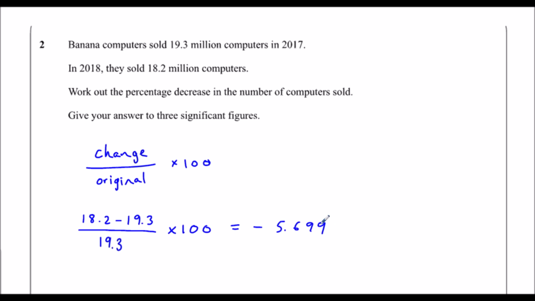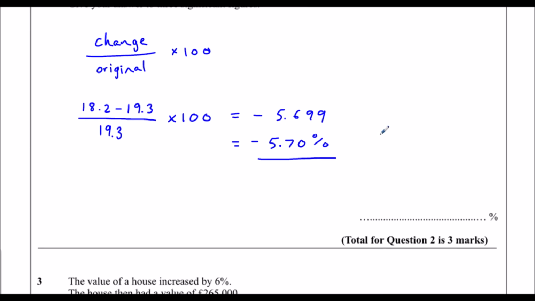The next number is 9, so round up. So it's negative 5.70%. And because we were asked what the percentage decrease is, we don't need the negative sign. We can just write 5.70.